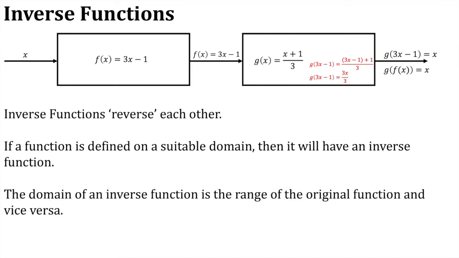And finally, the domain of an inverse function is the range of the original function and vice versa. So I'll say that again. The domain of an inverse function is the range of the original function and vice versa. So the range of the original function here was 3x minus 1, and that was the domain of the inverse function.